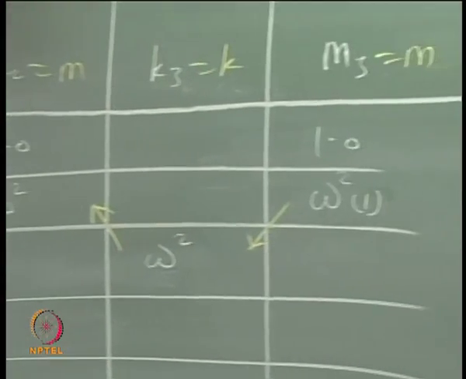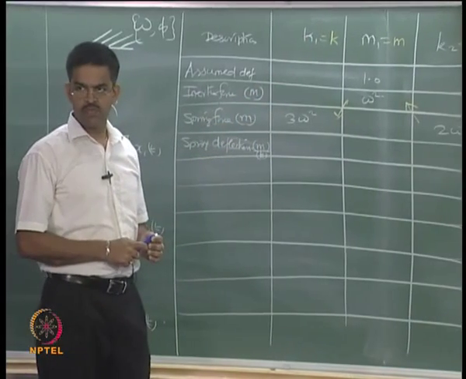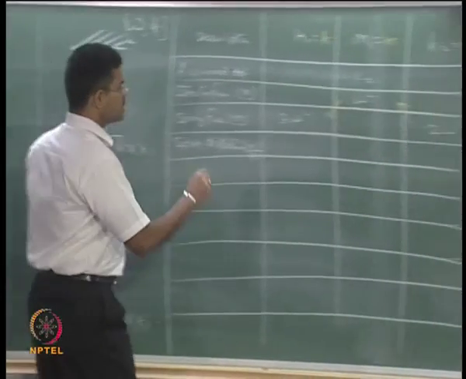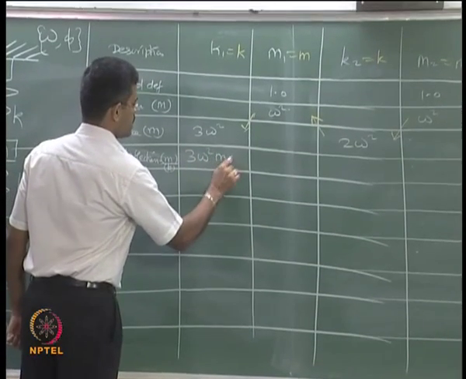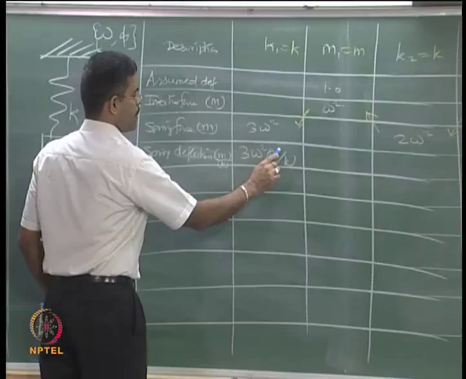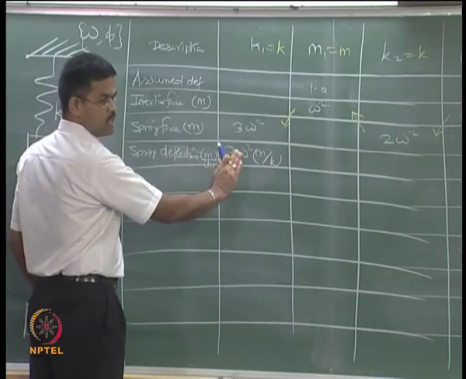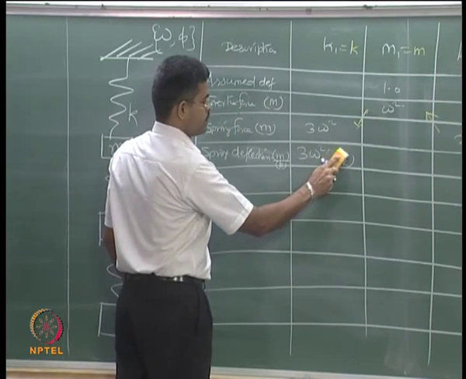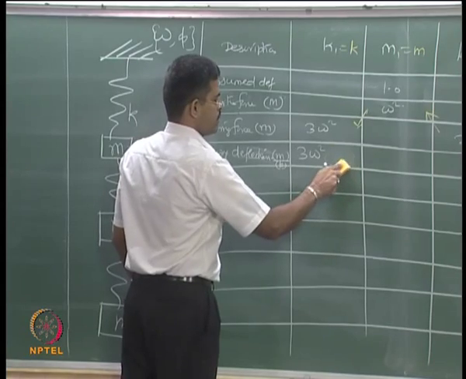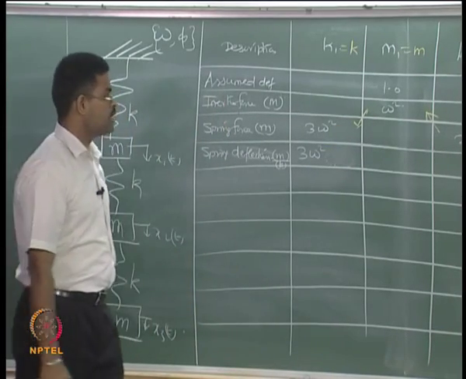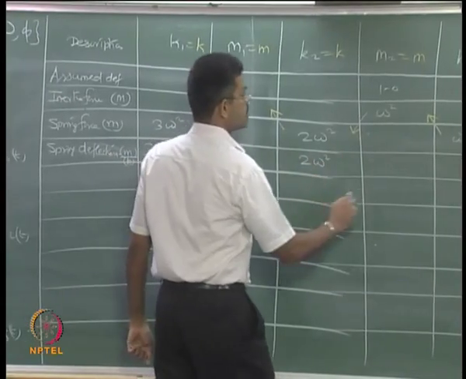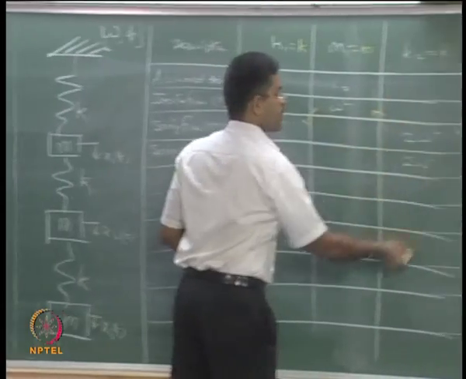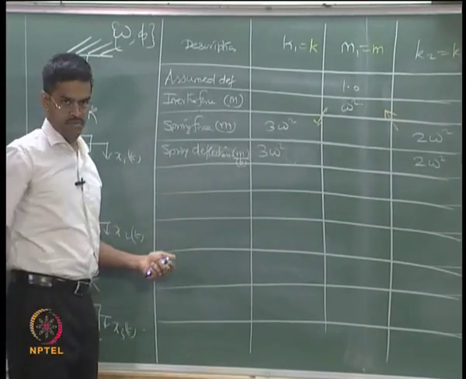So if you know the force and the stiffness, I can divide to get the deflection of the spring, which in this case is going to be 3 omega square m by k. I am taking m by k out, so it is going to be simply 3 omega square. Similarly 2 omega square, similarly omega square. These values are written on the stiffness columns, because these are spring deflections, not the mass points.